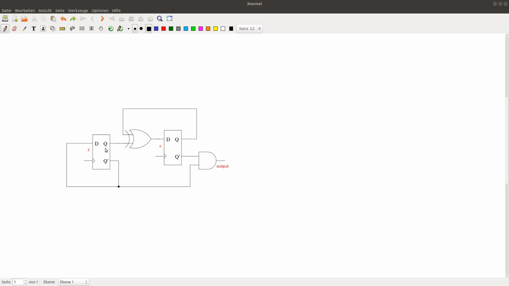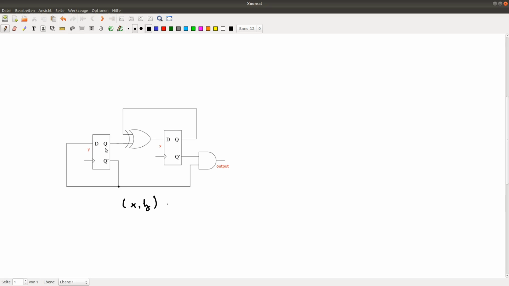First of all, we have to figure out what states this circuit can take. Since we have two flip-flops, X and Y, we can represent the states as a 2-bit vector consisting of the components X and Y. The value of the X flip-flop and the value of the Y flip-flop define the state of the circuit.